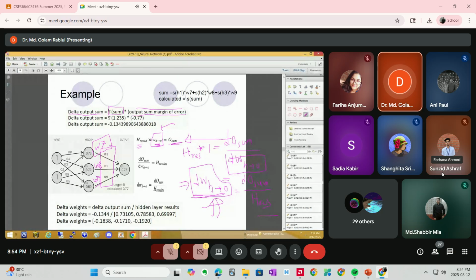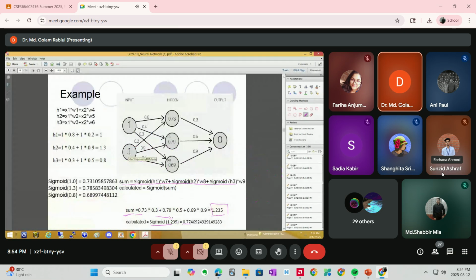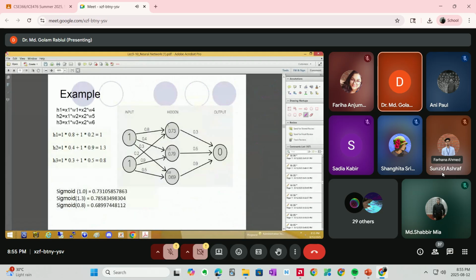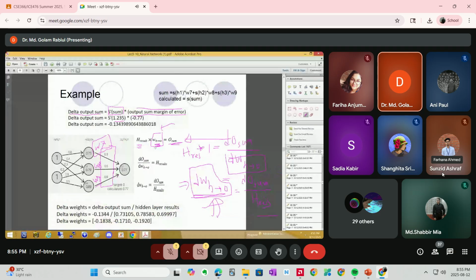So for the derivative of the sigma of the sum, our sum is 1.235. Already we can see that this is delta O sum. Output sum is 1.235. And then if we take the derivative of the sigmoid, it will be 0.775 times 1 minus 0.775. If we multiply these two, then we will get a value.